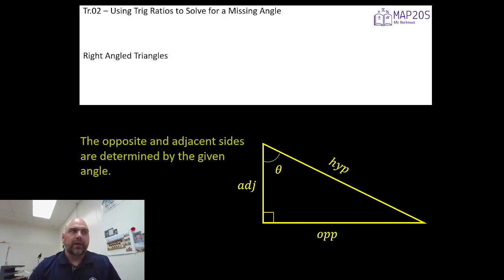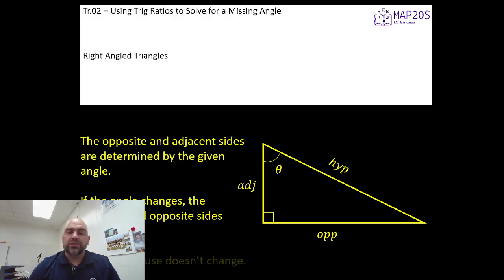Now, like I mentioned, the opposite and adjacent sides are determined by the given angle. The given angle there is theta. We don't know what the measure is right now, but that's the one that's given or we're trying to find. And so our opposite and adjacent are based on that. Now, if we were to change it, so let's say we move this angle over here, you'll notice that the hypotenuse is not going to change.